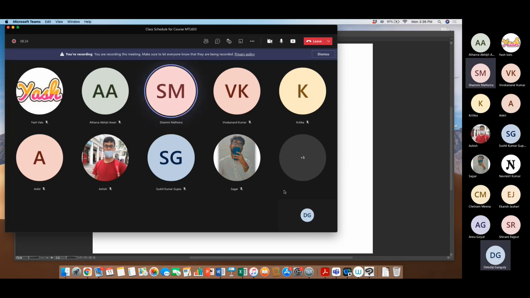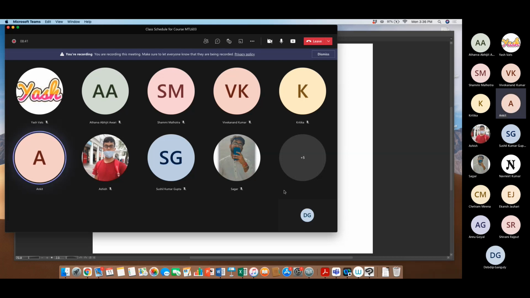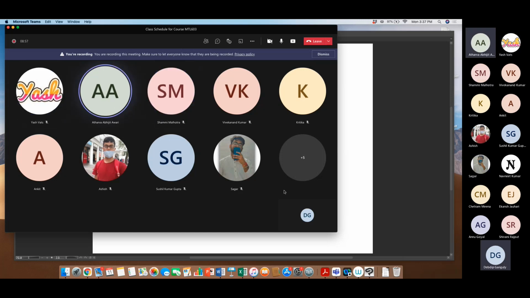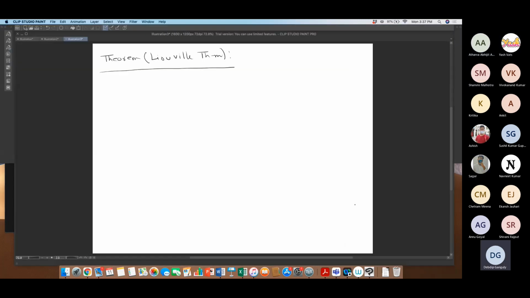Any entire function which is bounded. If u is an entire function and it is bounded, then u is what? Constant. Yes, that's all. So here also the same Liouville theorem holds.